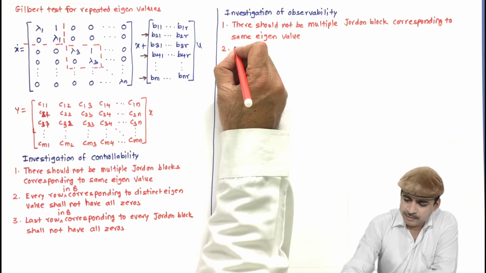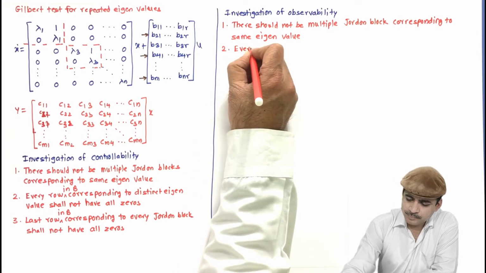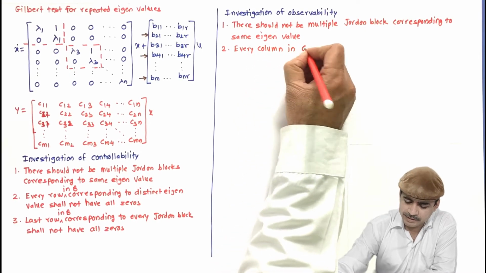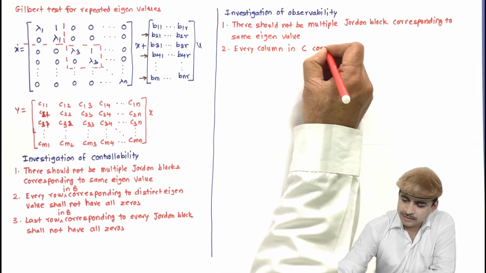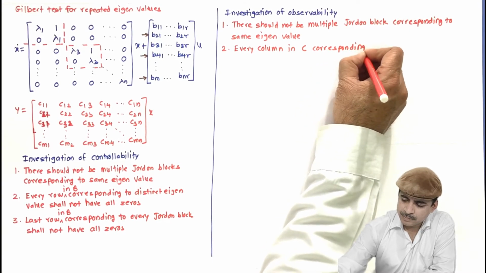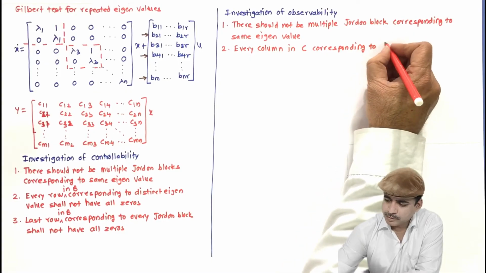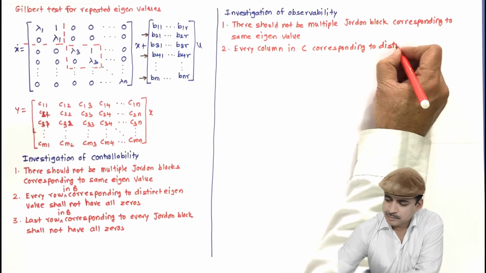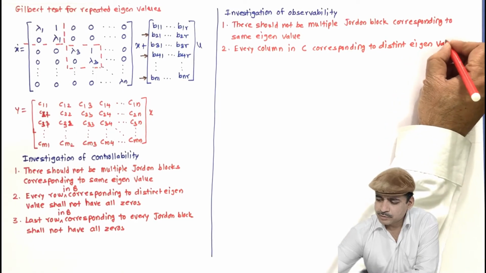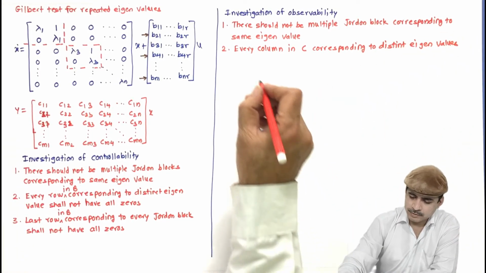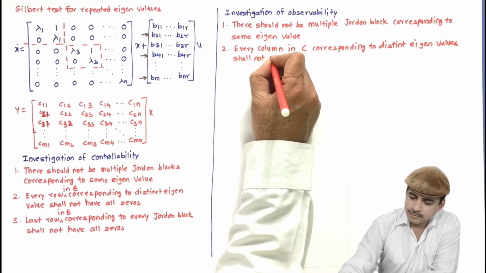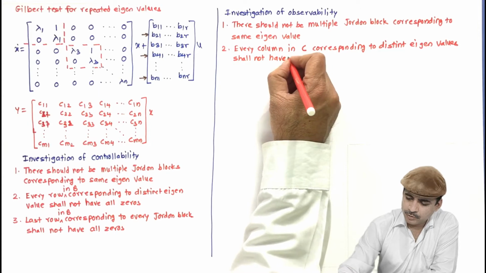So here every column in matrix C corresponding to distinct eigenvalues shall not have all zeros.